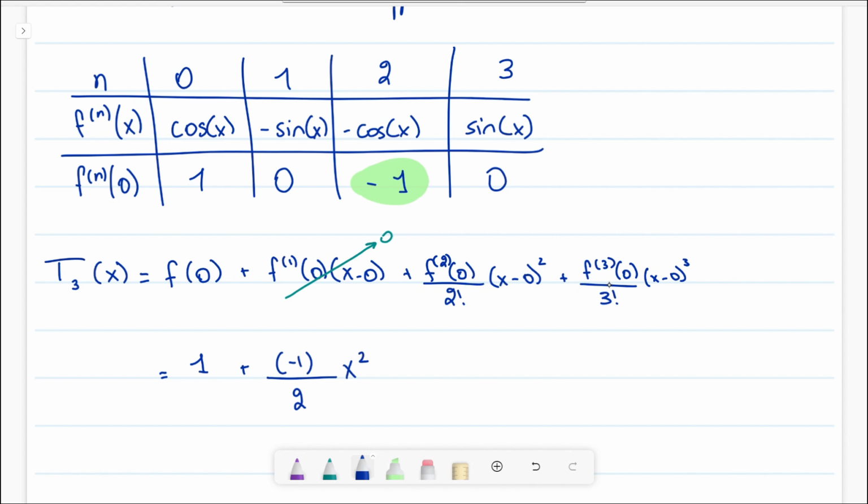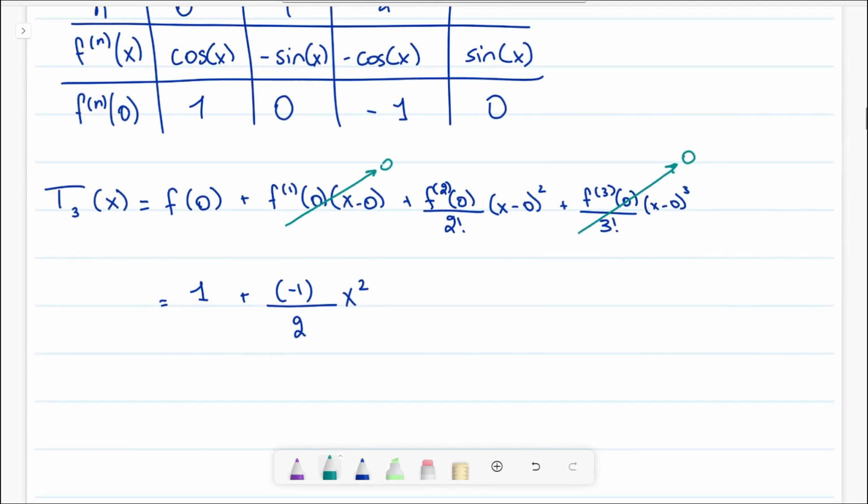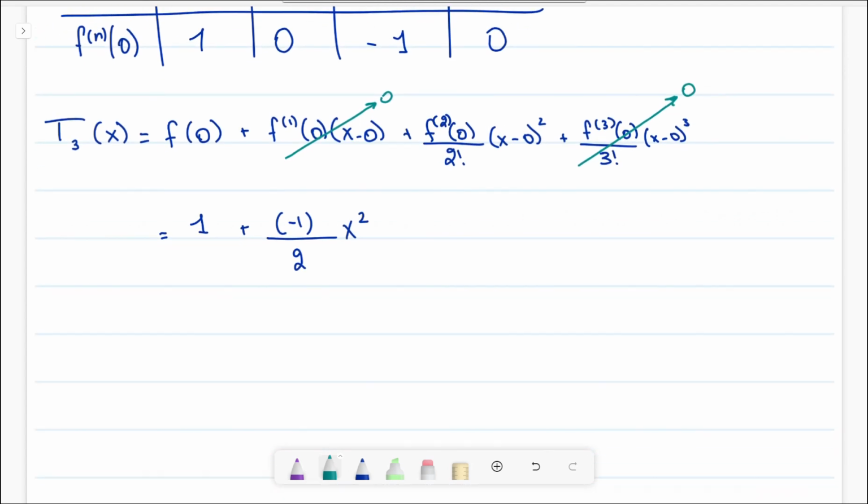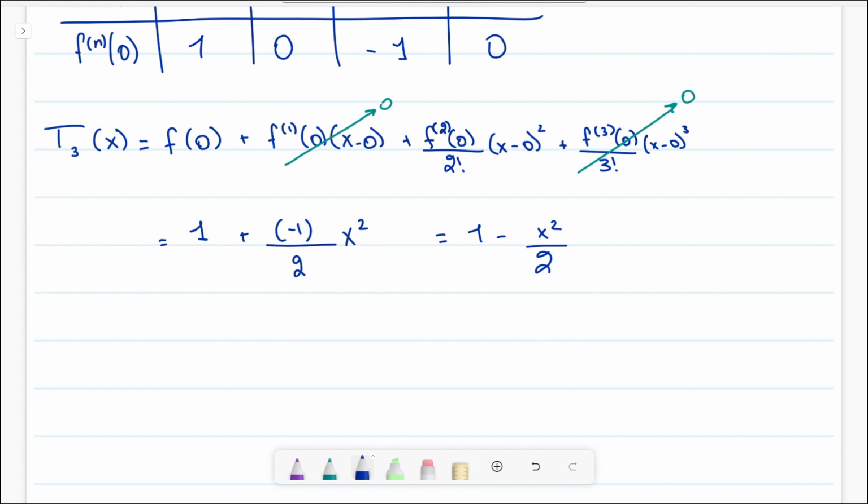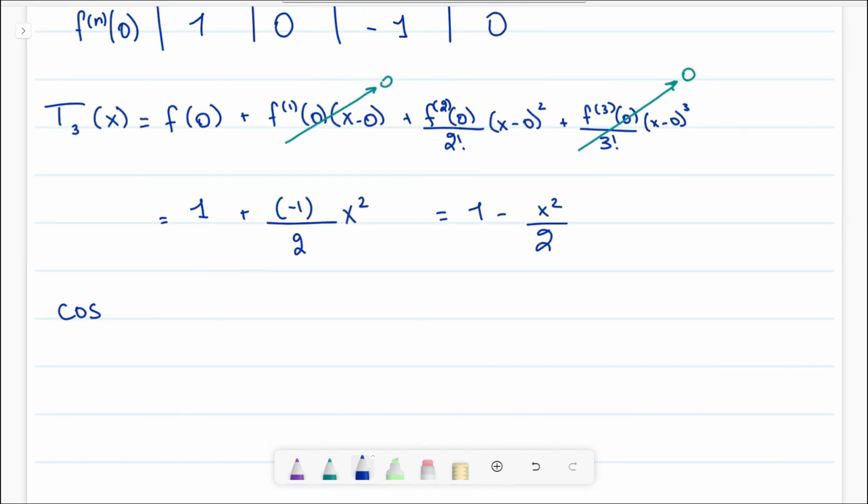Let's look now at the third derivative of f evaluated at 0, which in the table is 0. So this entire term is 0. So our answer is in fact 1 minus x squared over 2. Now we are asked to approximate cos of 0.2.